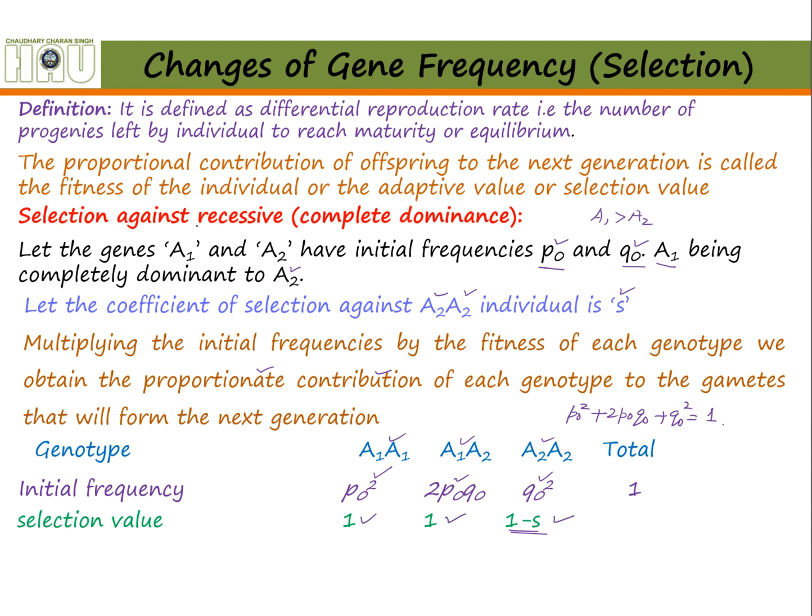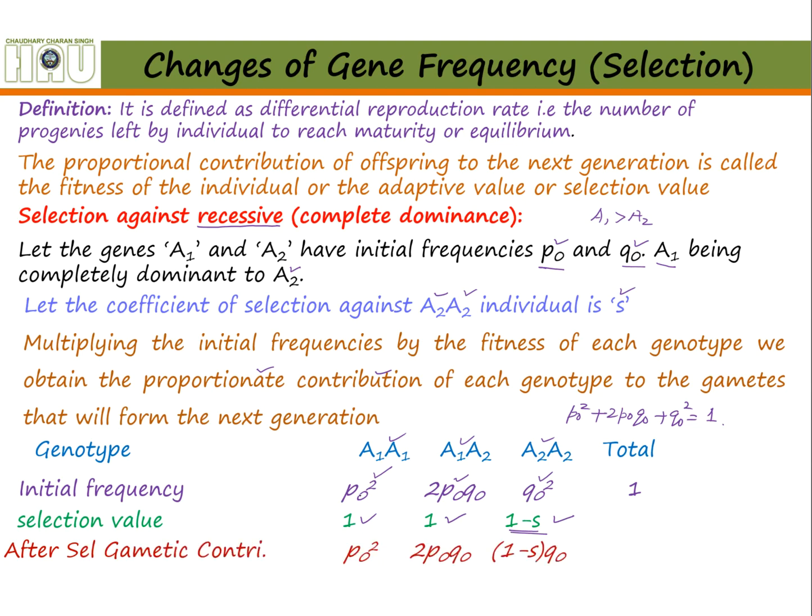And the selection values for these genotypes are 1, 1 and 1 minus s. Why 1 minus s? Because we are selecting against the recessive. So I use 1 minus s for the A2A2 genotype. Now this sum is not equal to 1. If I multiply the initial frequencies with these selection values, we will get the proportionate contribution of each genotype to the gametes that will form in the next generation.